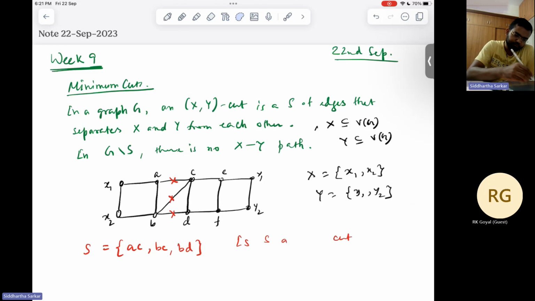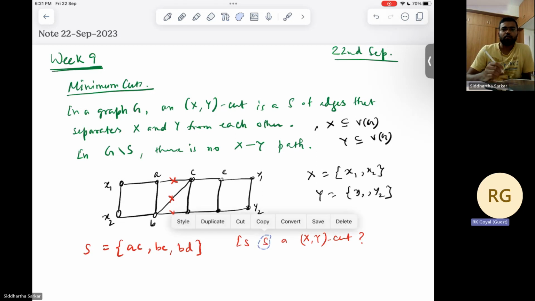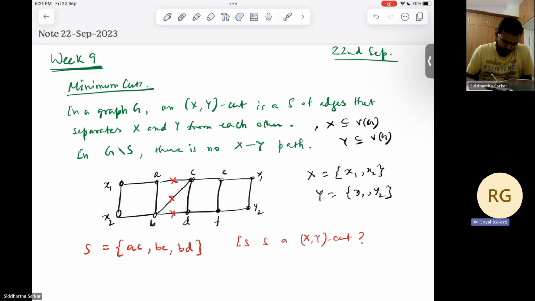That is the question. Yes, this is a cut because the connectivity between, say, capital X and capital Y is lost.